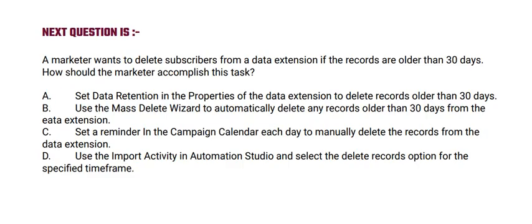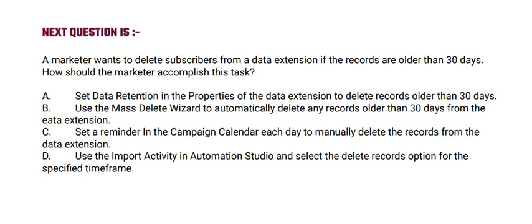Now, the question is, a marketer wants to delete subscribers from a data extension if the records are older than 30 days. How should the marketer accomplish this task? Options are: Option A. Set data retention in the properties of the data extension to delete records older than 30 days.